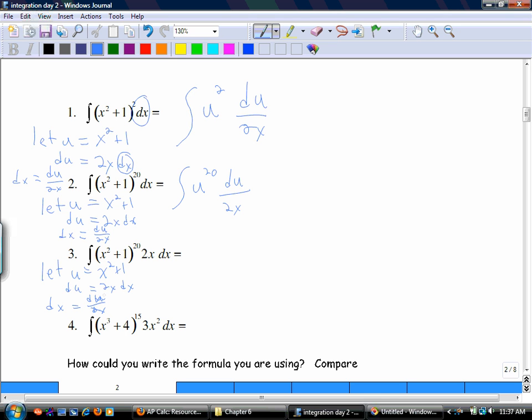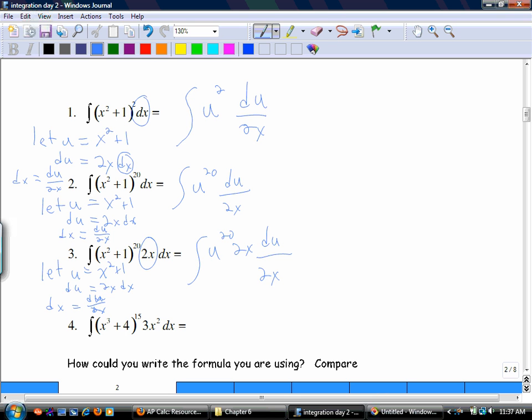So this ends up being the integral of u to the power of 20. But I have a 2x here. This is important. The 2x stays there, and then I have du over 2x.